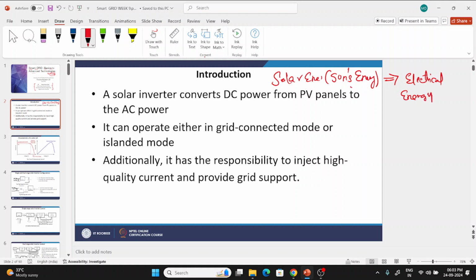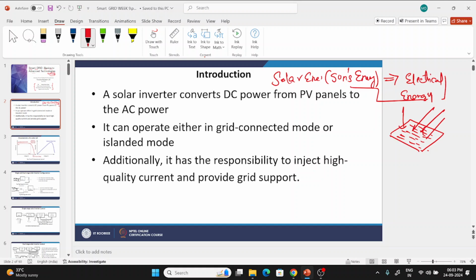So how this conversion takes place is that we place solar panels on the rooftop or anywhere on the ground where open space is available.